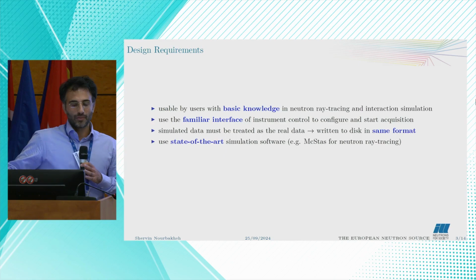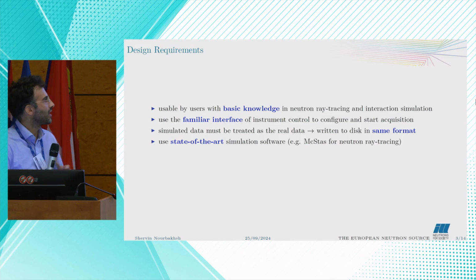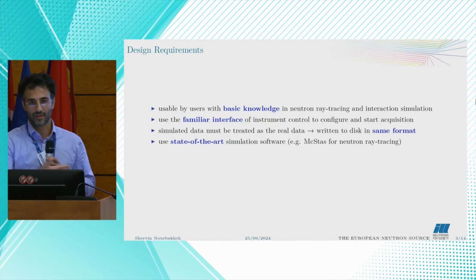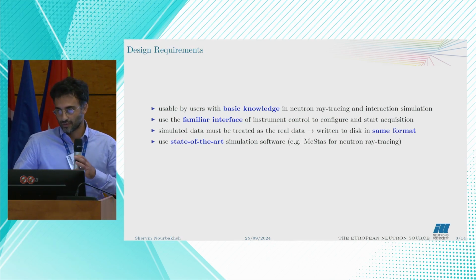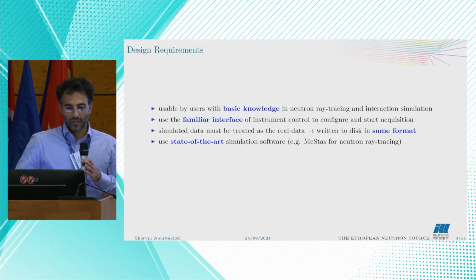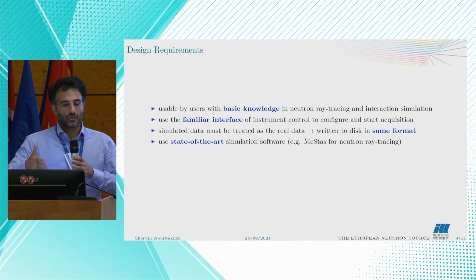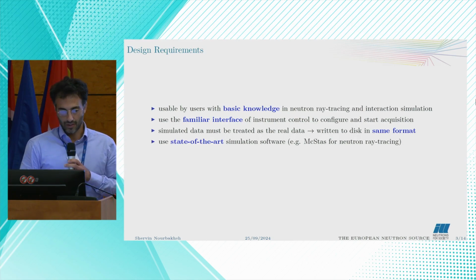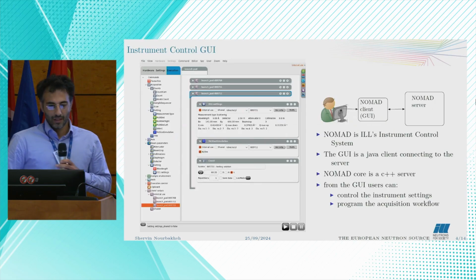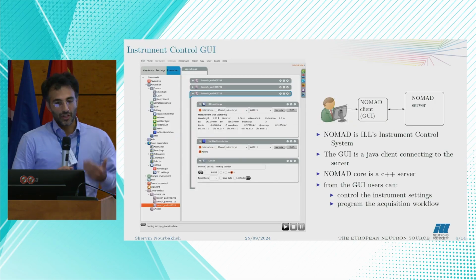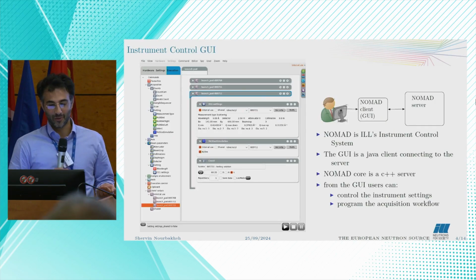In order to perform this simulation, we need to run state-of-the-art simulation software. Here at ILL, we have chosen to start with McStas, as you have heard before, for neutron ray tracing. But of course, the digital twin allows that to be a pluggable thing based on the needs. So everything starts for the user from the GUI, of course.